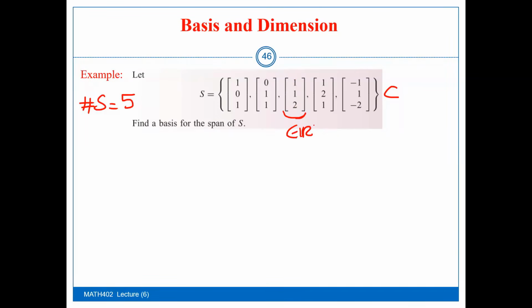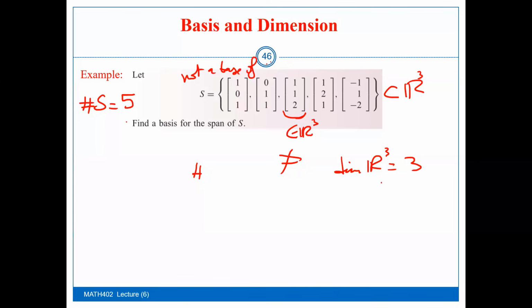So here we are in R3. What is the dimension of R3? 3. What is the number of elements of S? We said 5. Is S a base of R3? Of course not. The number of elements of S is not the dimension, so it's not a base. This is not a base of R3.